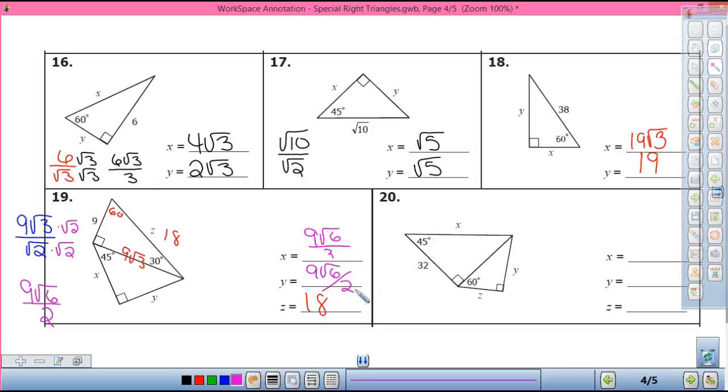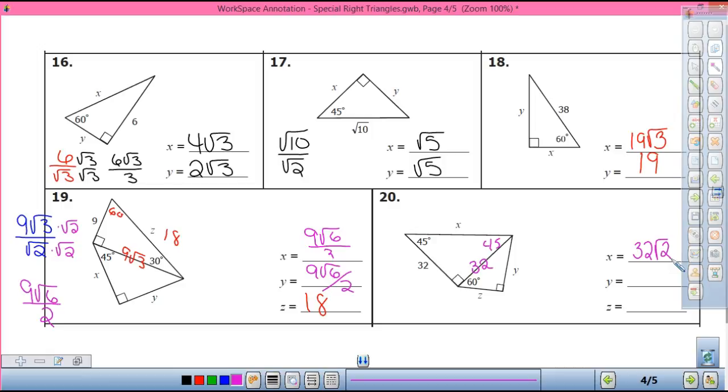Okay, one more. The side that I know in number 20 is the side of what kind of triangle? 45, 45, 90. And I'm given the leg or the hypotenuse? The leg. So both legs are 32. The hypotenuse is 32 times the square root of 2.